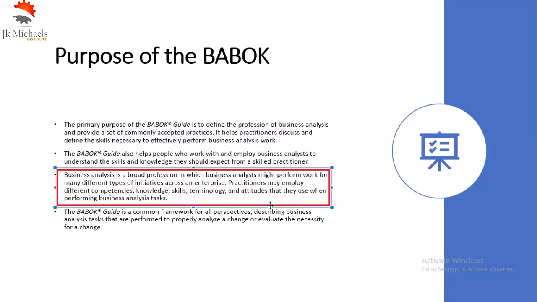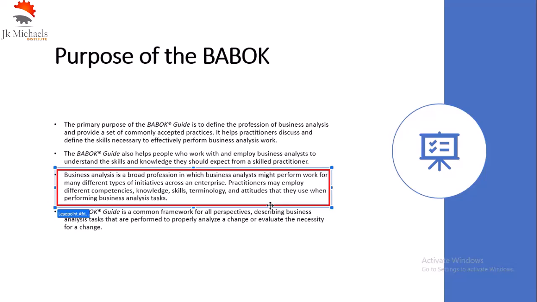Now, business analysis is a broad profession, and business analysts may perform work across an enterprise, right? What we are saying here is that as a business analyst, you're going to do a lot of projects, and these projects can happen in many different types of organizations or in whole enterprises that will be an agglomeration of several organizations, right?